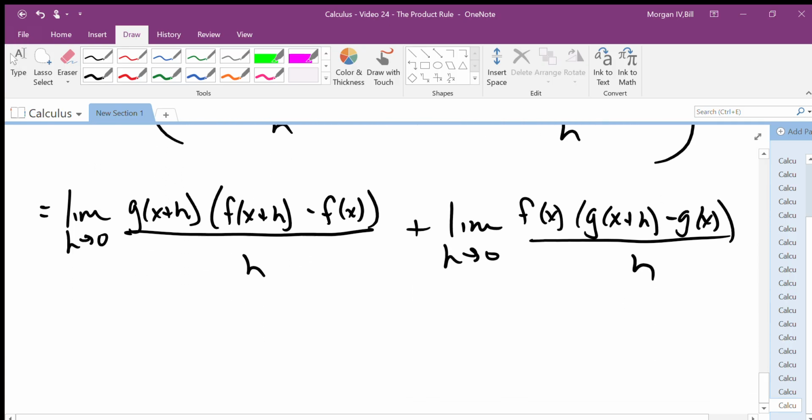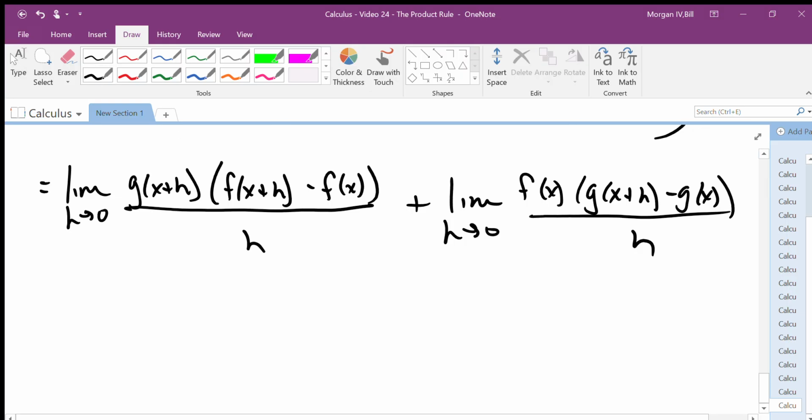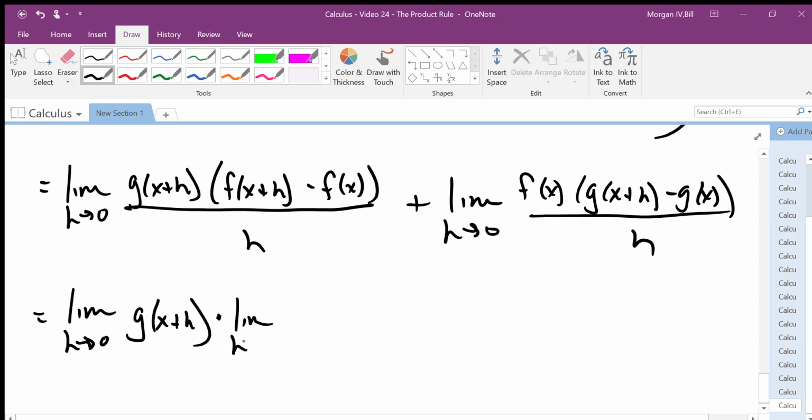And then we have, in the numerator of each of those limits, two functions multiplied. We have the g of x plus h times the f of x plus h minus f of x. So we're going to separate that and look at this as the limit as h goes to 0 of g of x plus h times the limit as h goes to 0 of f of x plus h minus f of x over h.